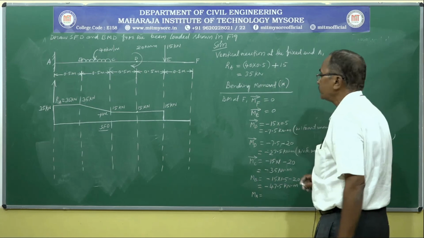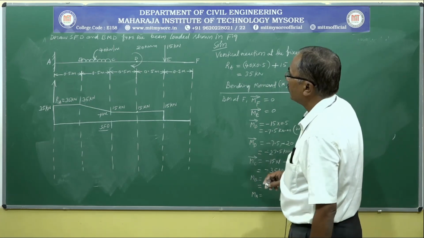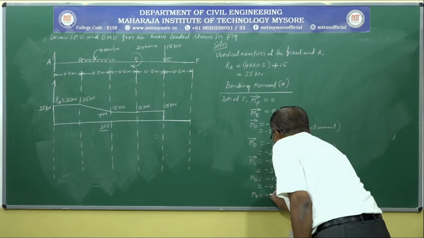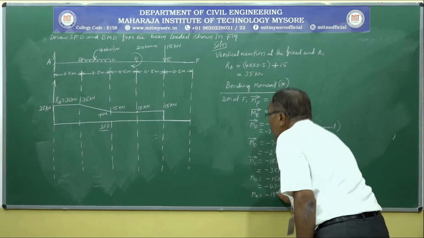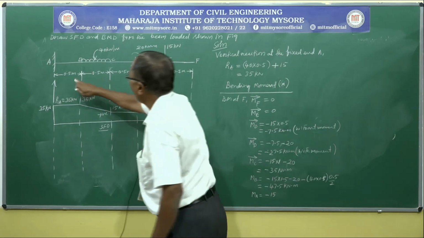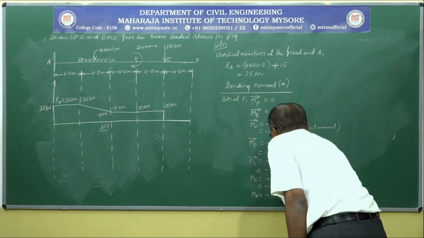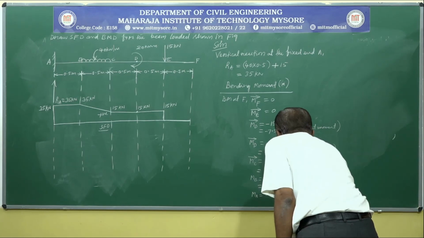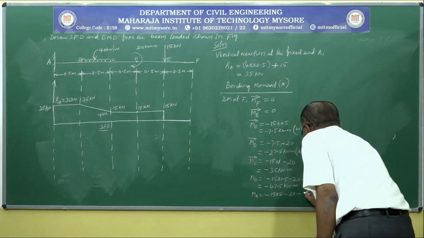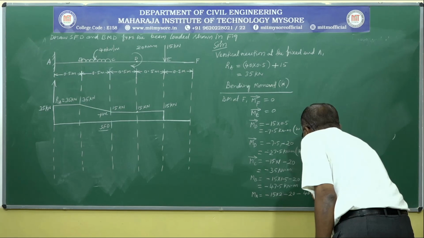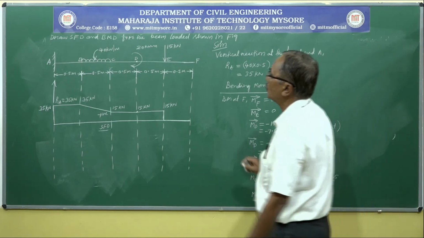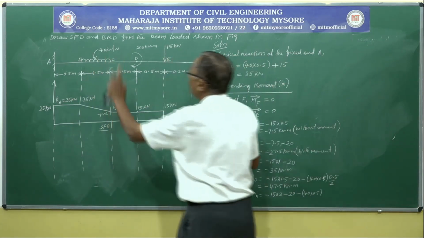Lastly, bending moment at point A, MA is equal to minus 15 into 2 meter, minus 20, minus UDL, it is 40 into 0.5 into 0.5 plus 0.5 by 2.